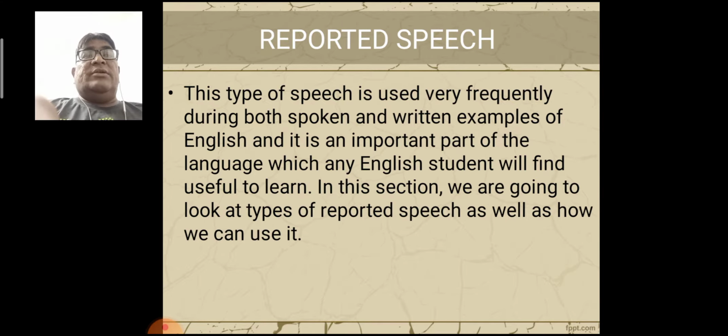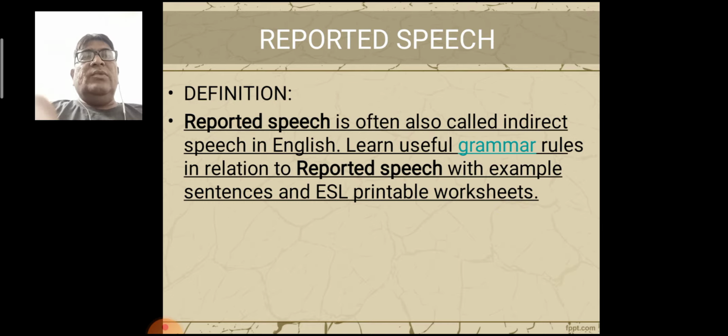In this section, we are going to look at types of reported speech as well as how we can use it in statements. Let's see the definition of reported speech. Reported speech is often also called indirect speech in English.